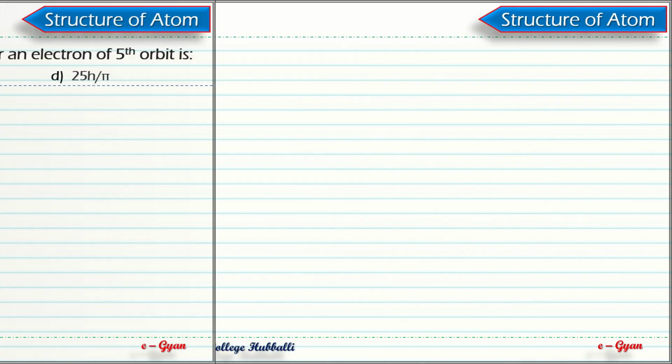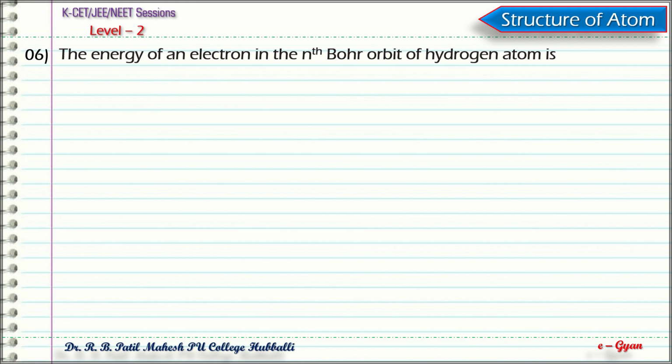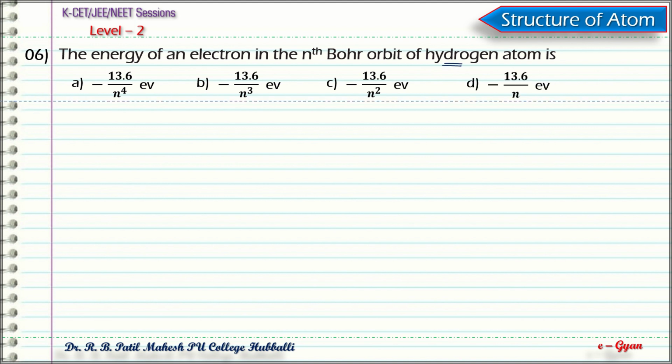Moving to the next question. Question number 6. The energy of an electron in the nth Bohr orbit of hydrogen atom is. The orbit is the nth orbit and Z equal to 1. So we have the formula to calculate the energy of Bohr's nth orbit: En is equal to minus RH Z square divided by n square.